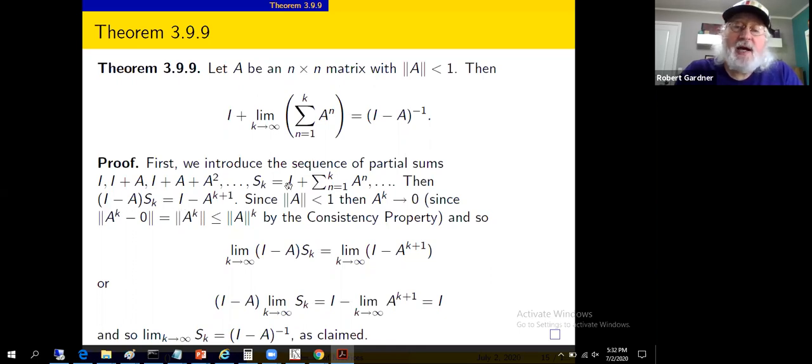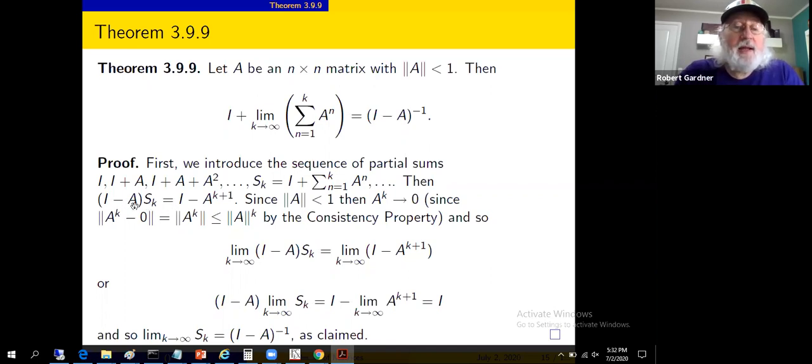You're left with I times the first term minus A times the last term. The last term is A to the k, so that would give us I minus A to the k plus 1. All the intermediate things cancel. It's like a telescoping sequence. It telescopes. You get loads of cancellation, except for the first term and the last term. The minus introduces lots of cancellation.